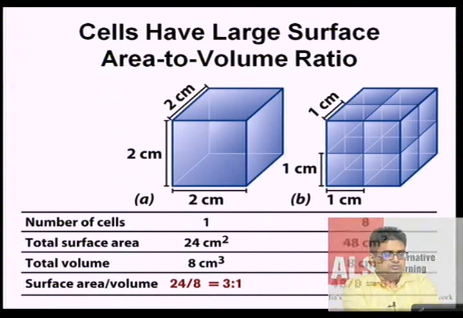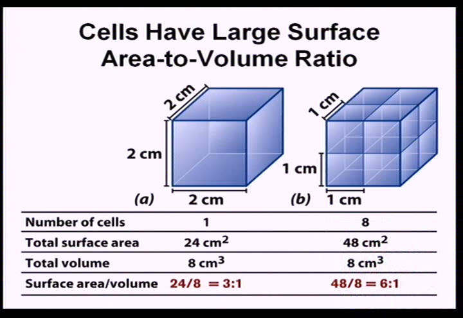Now, a small cell has a very large surface area to volume ratio, but if it is a large cell, the surface area to volume ratio decreases. Here on the left-hand side we have a larger cell, and on the right-hand side I am making 8 cells from it.